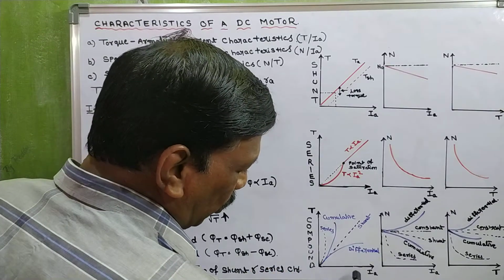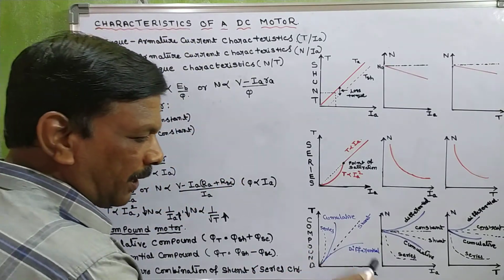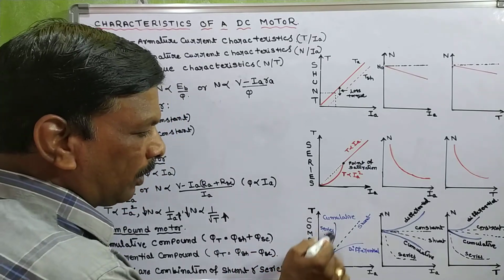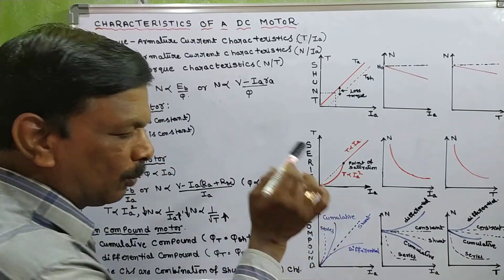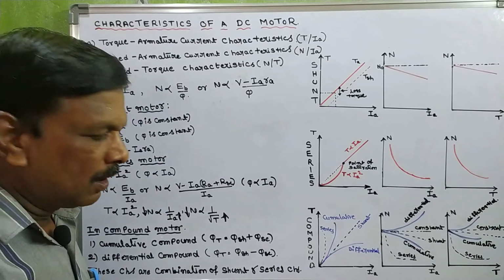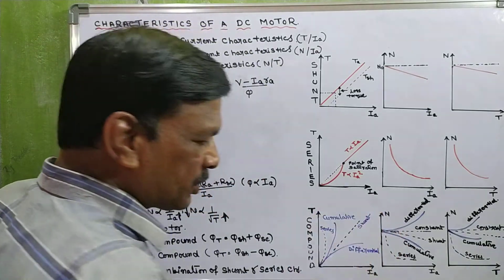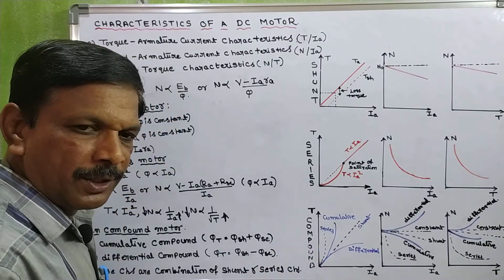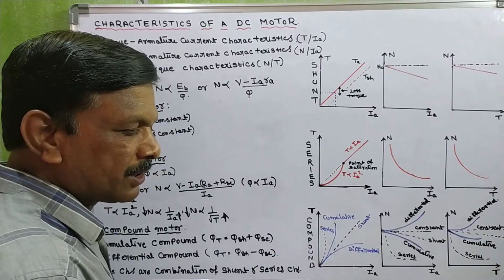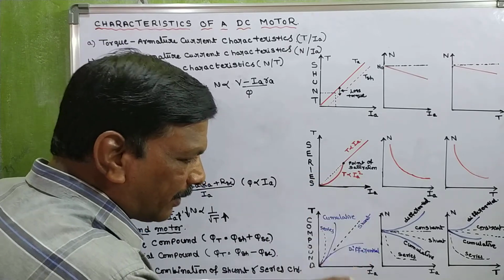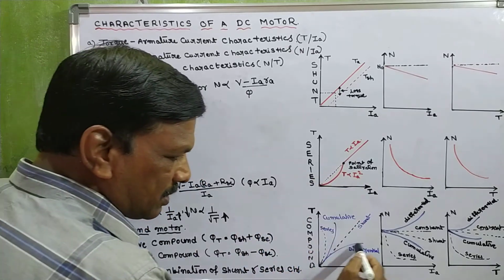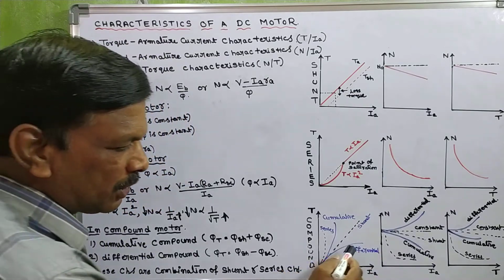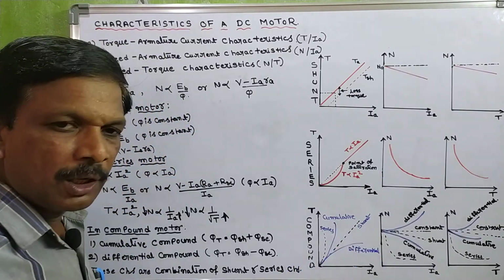When load increases, armature current increases, and when armature current increases, the torque also increases in cumulative compound. And coming to differential, when load increases on the motor, armature current increases, and the torque will decrease. So this is the differential compound motor's characteristic curve.